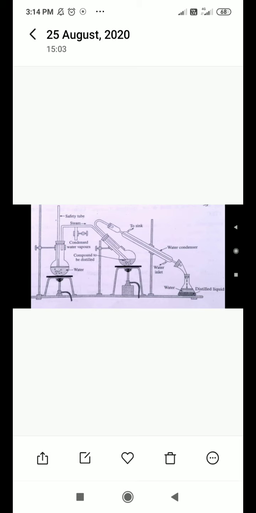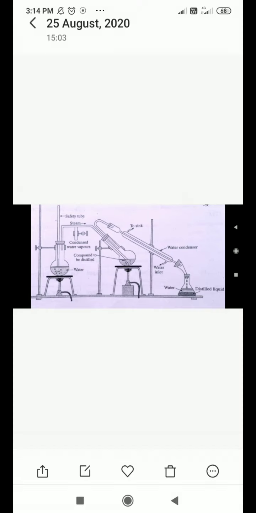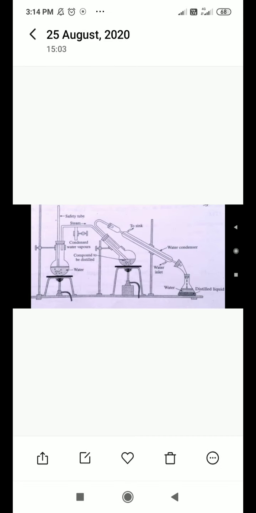Okay, when this 760 mmHg equals our vapor pressure, or the vapor pressure exceeds that atmospheric pressure, then the water boils. This is the theory behind boiling point and this concept.